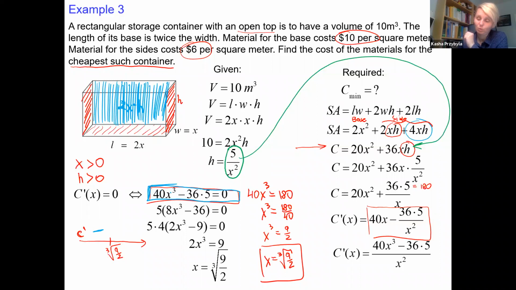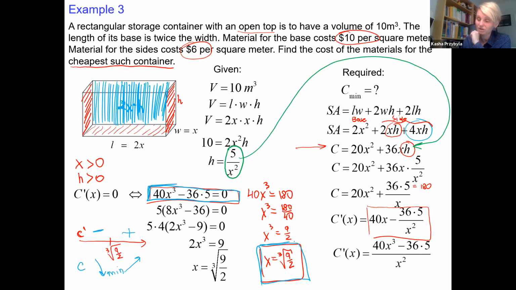If I cube this, multiply by 40 minus 180, I will definitely get positive numbers. Okay, that means my cost function is decreasing and increasing. That means, yes, at this point, we do have a minimum. And probably if you end up with this question, this is the only answer.